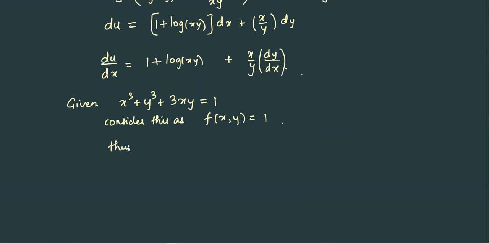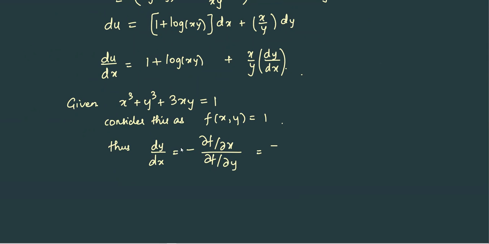Thus dy by dx will be minus dou f by dou x upon dou f by dou y.